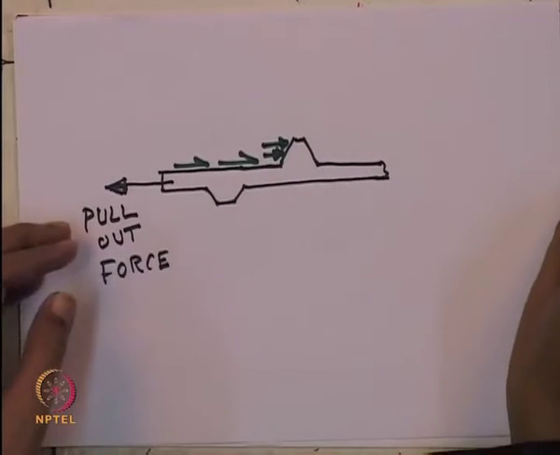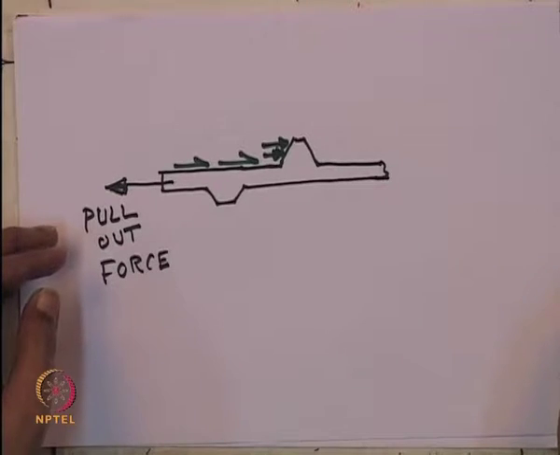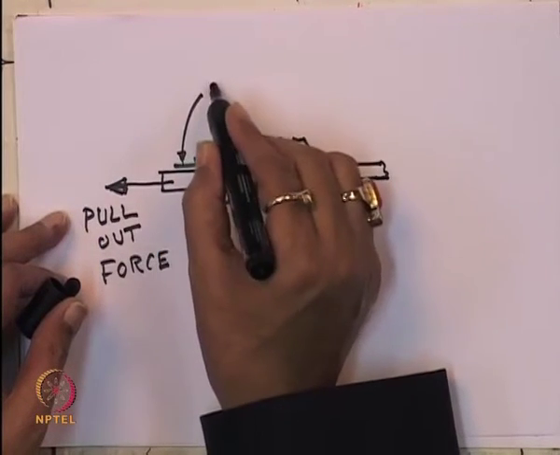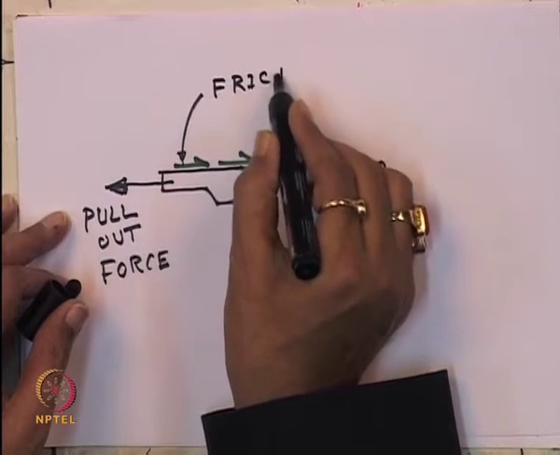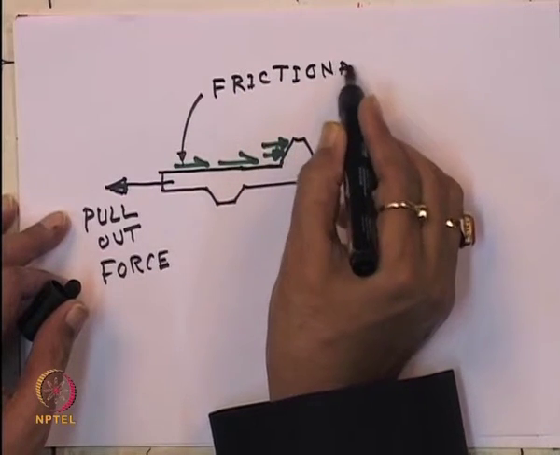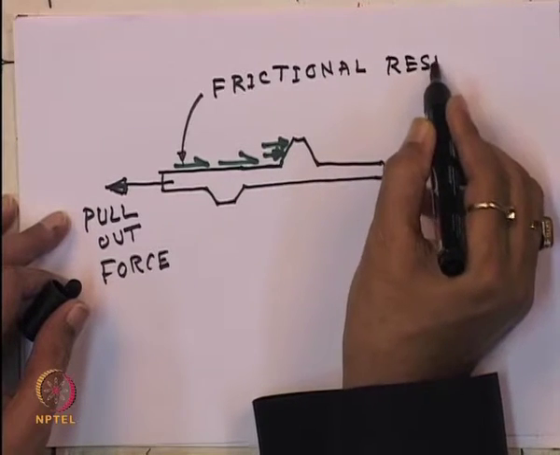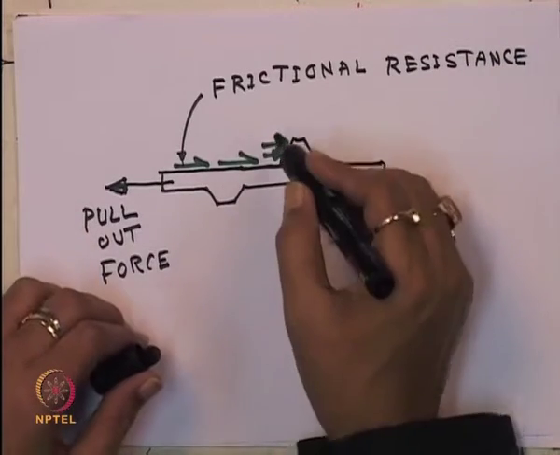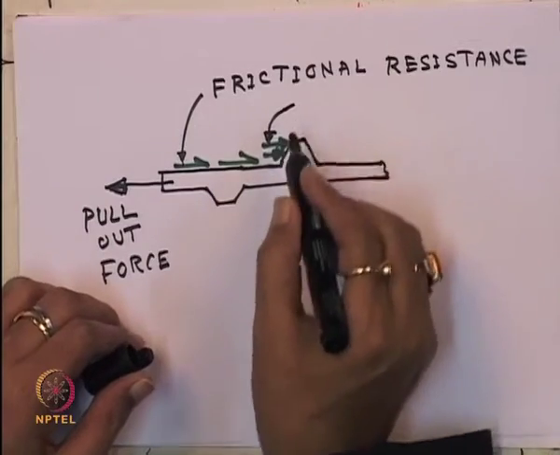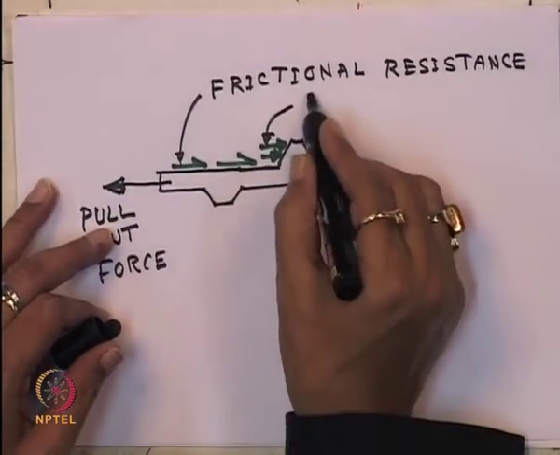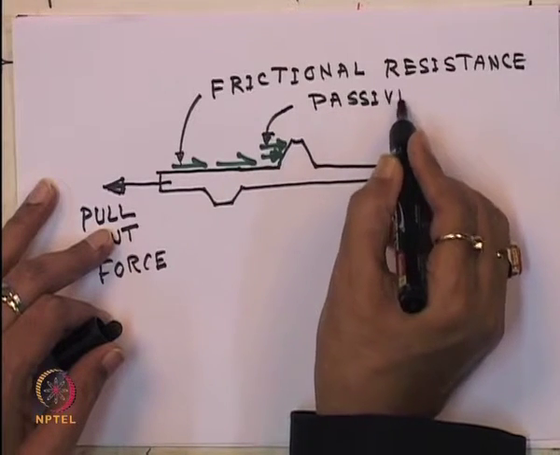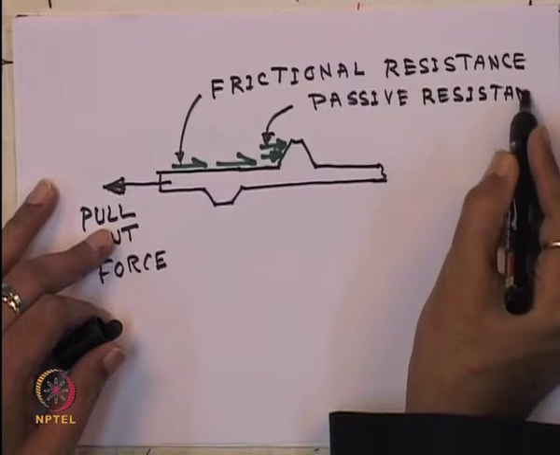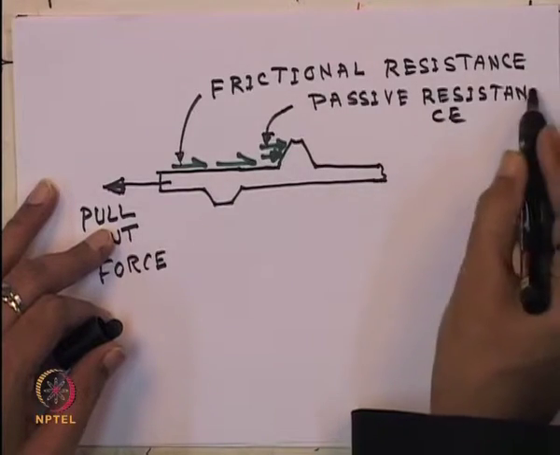So you can see in case of the geogrid material, there will be a development of frictional resistance, and as well as there will be a development of passive resistance.